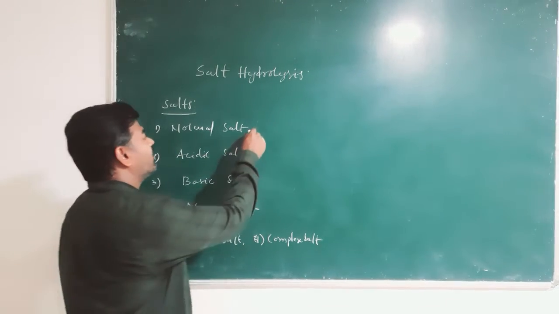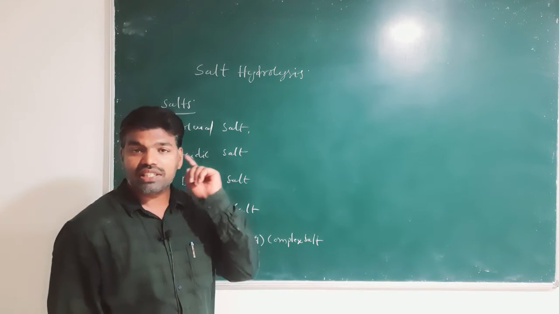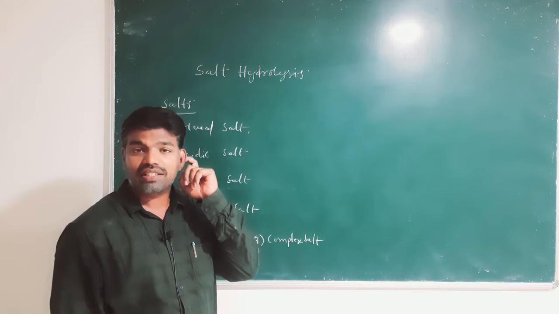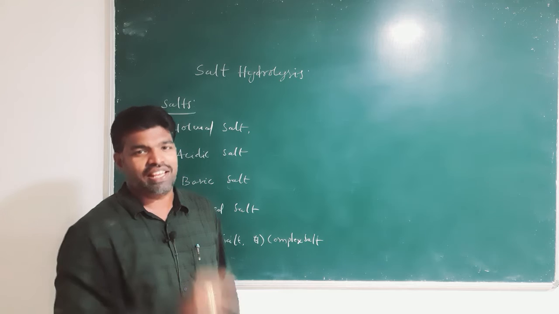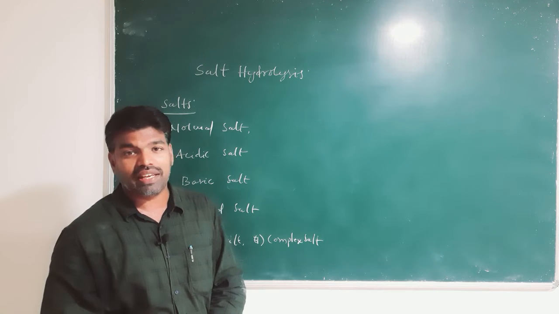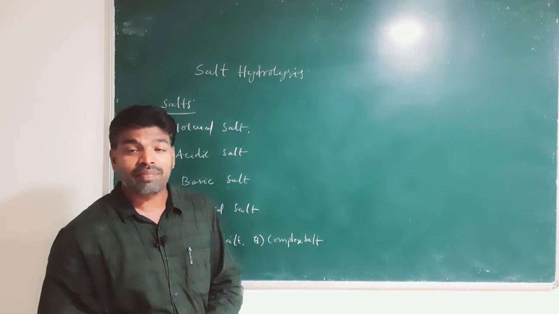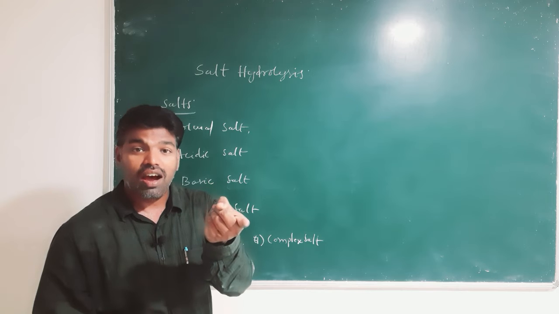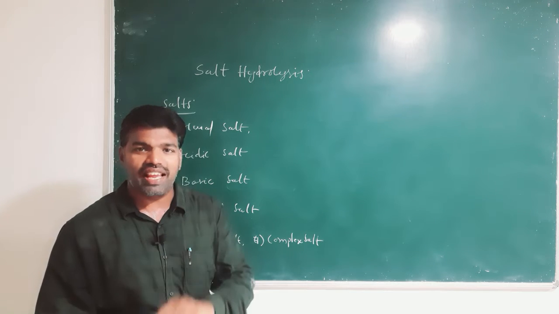A normal salt is one which does not release either H plus ions or OH minus ions in any of its ionization. I repeat, a normal salt does not release either H plus ions or OH minus ions in any of its ionization.